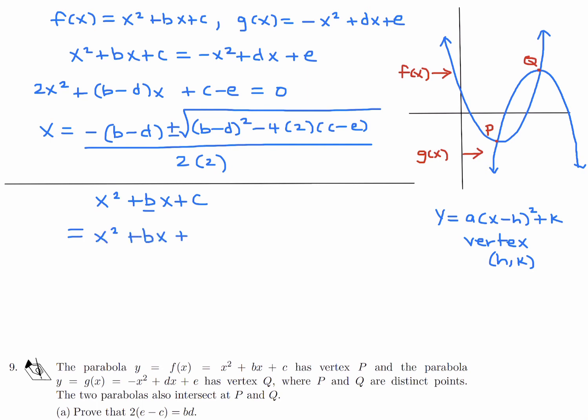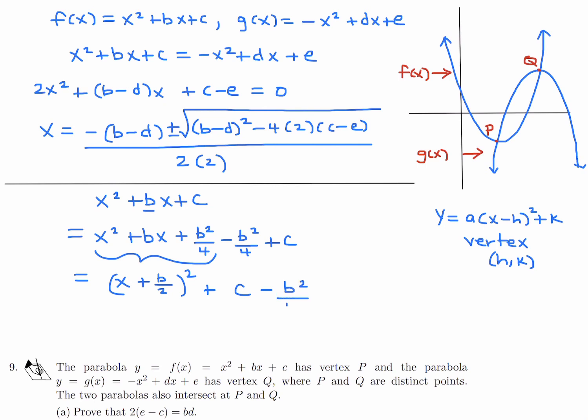Half of that is b over 2, square it, so b squared over 4, and then subtract b squared over 4 plus c. Now we can square, so x plus b over 2, all squared. And then, of course, that involves those three, so we have to now treat these two independently. So I'll just put it out like this. And there you go, we've got it into this format.